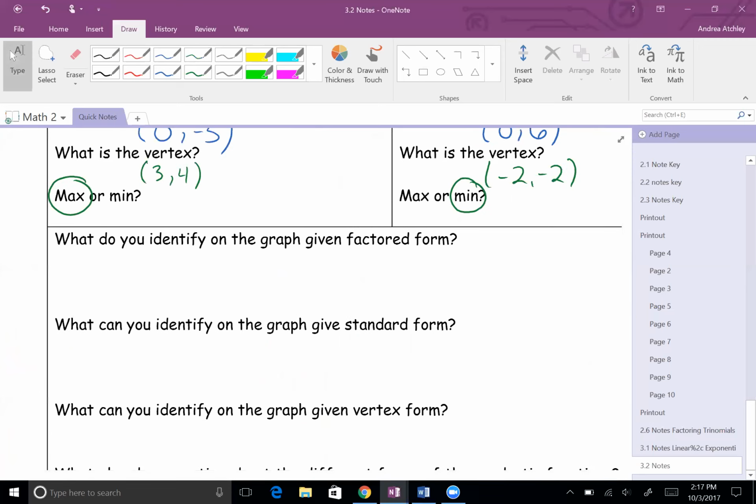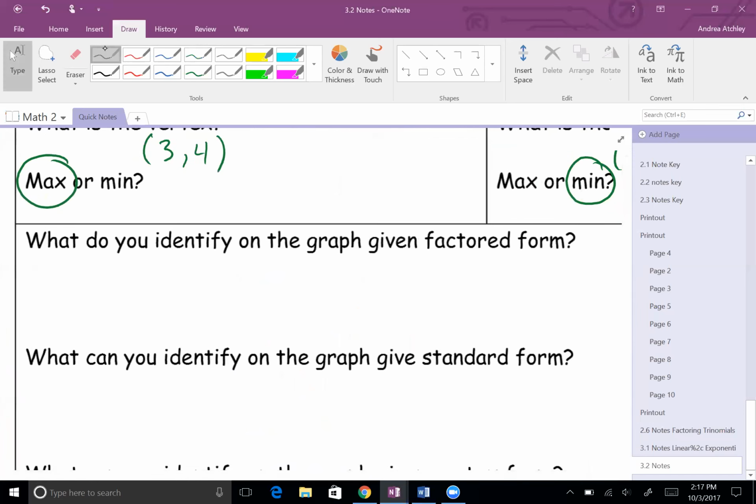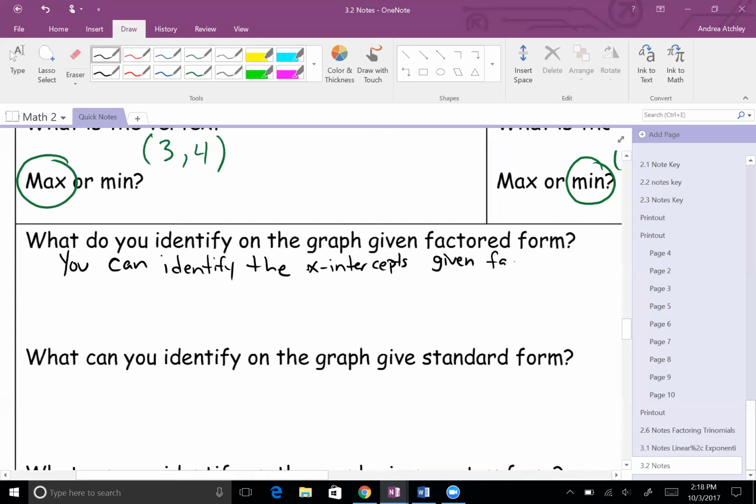What do you identify in the graph given factored form? You can identify the x-intercepts given factored form.